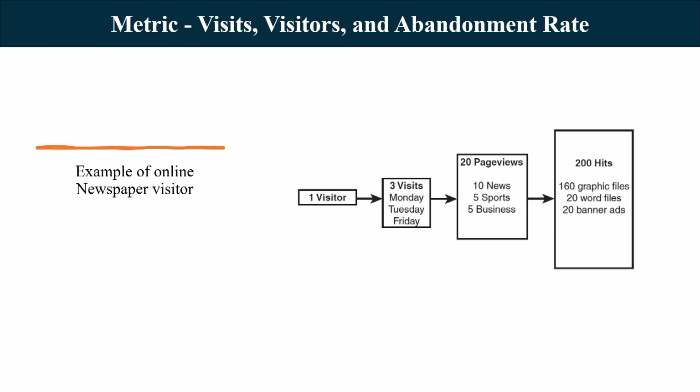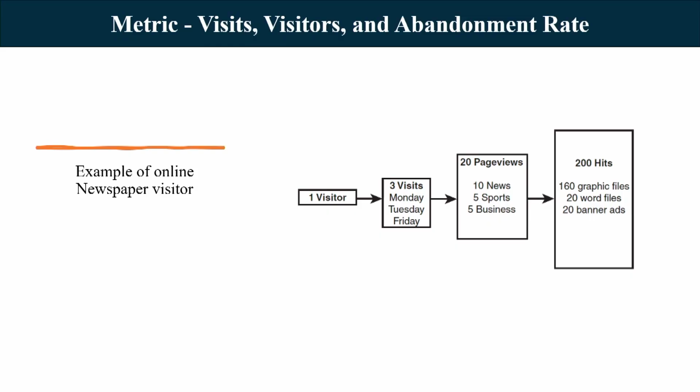But in each of these pages there are multiple files associated, multiple files being loaded. It can be a JavaScript file, a server-side scripting file, an HTML file, or any component which is a part of the page. So these 20 page views give us a total of 200 hits.